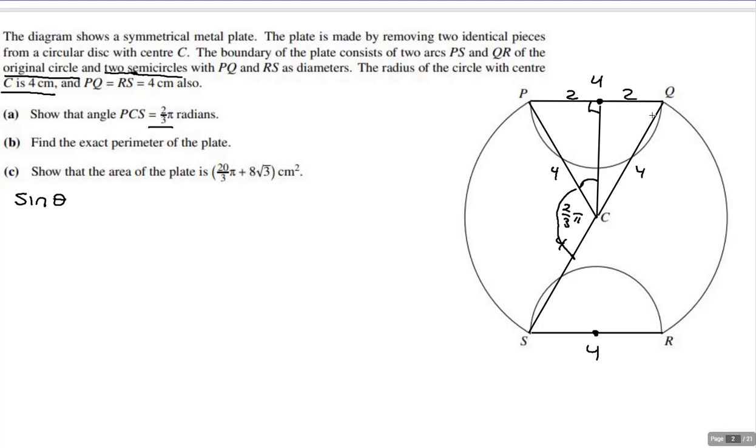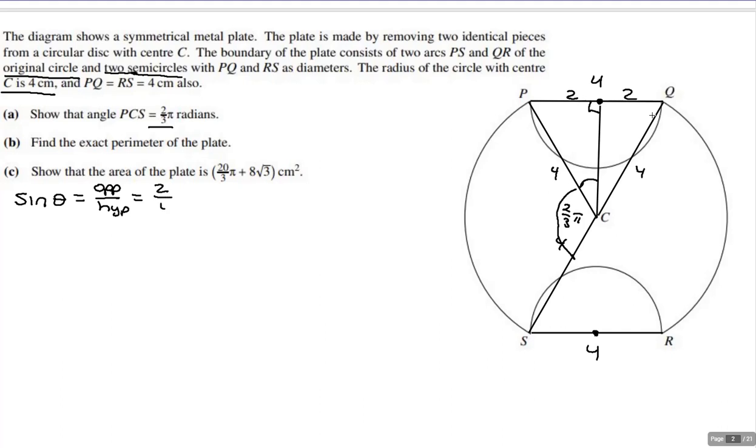What's side 4? Sorry, did I cut out? I didn't hear you. Yeah, sorry. So you have the opposite and you have the hypotenuse. Exactly, because it's across from the right angle, right? Yes. So the sine of an angle is equal to the opposite over hypotenuse, which in this case is going to be what?